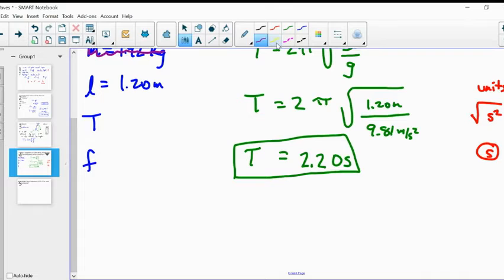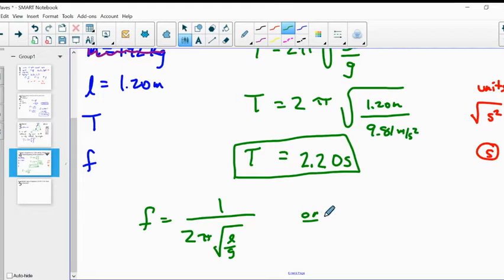Now, to get the frequency, we have two options. Let me just write this. The frequency is 1 over 2 pi times the square root of g over L, or what I'm going to do is say it's 1 over T. That looks much easier.